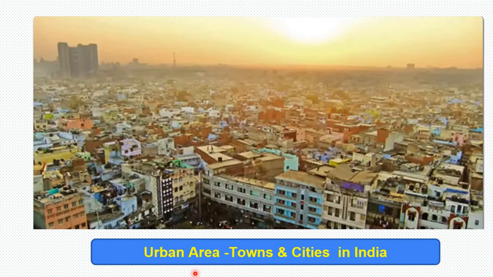The towns and cities in India are rapidly increasing, and about 377 million people live in 7,935 towns and cities according to census 2011. This constitutes 31.2 percent of the total population.